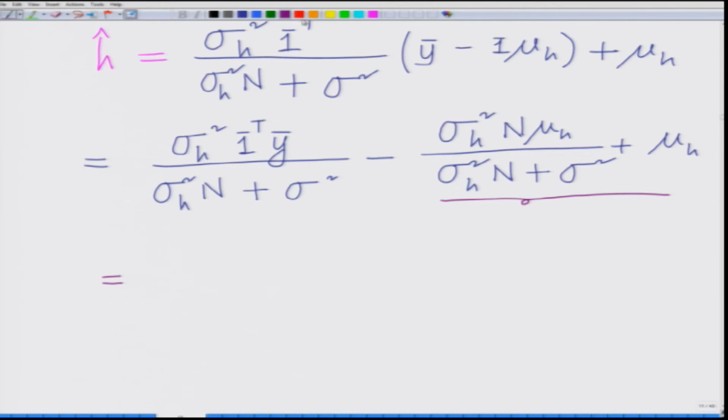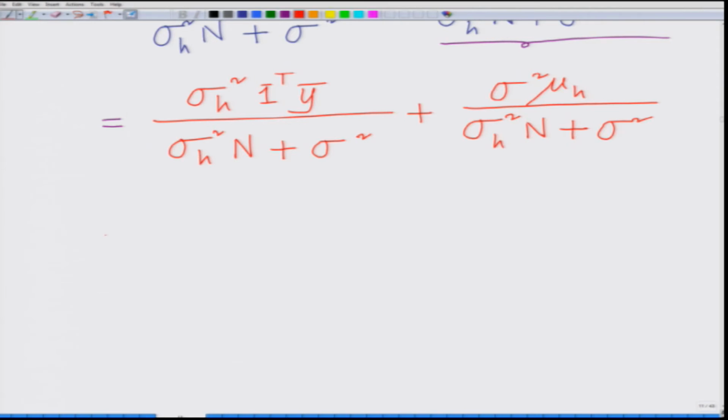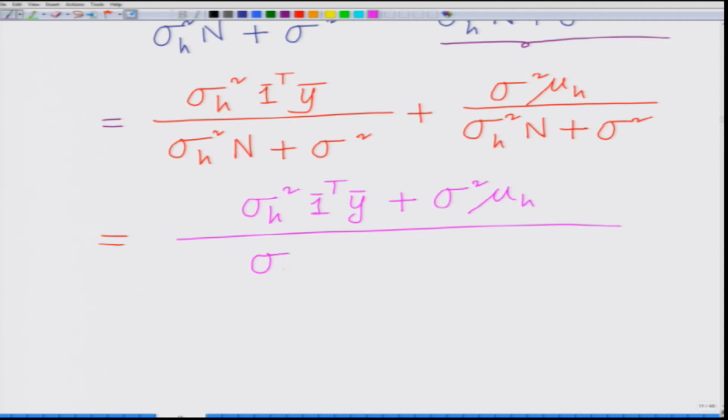So, what I will get if I simplify this is basically sigma h square 1 bar transpose y bar divided by sigma h square n plus sigma square, plus sigma square mu h divided by sigma h square n plus sigma square, which is therefore equal to sigma h square 1 bar transpose y bar plus sigma square mu h divided by sigma h square n plus sigma square.